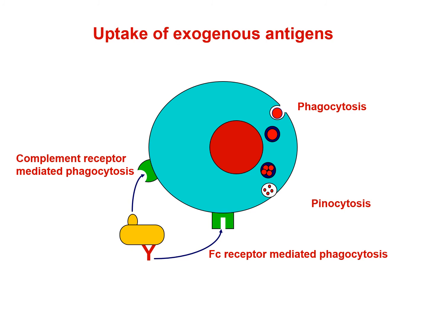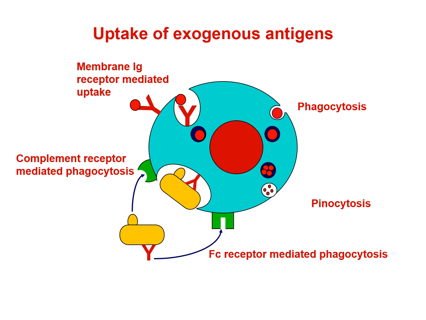We have also the antigen-antibody complex, which is going to elicit the complement system activation, and as a result, this is another method of uptake of exogenous antigen through the complement receptor mediated phagocytosis. Also, we have the membrane Ig receptor mediated uptake.